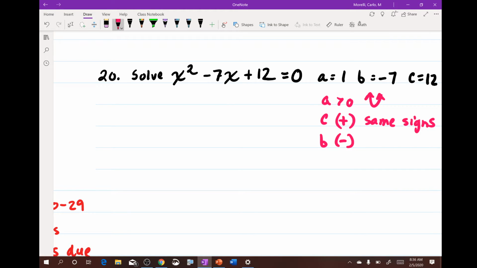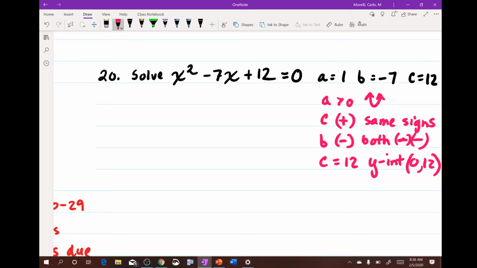So because C is positive and indicates that both signs will be the same, B tells us what those signs will be, so we'll say both negative. Okay? So you're setting up your quadratic factors, you know what you're looking for. Now, C equals 12, so the y-intercept is at (0, 12). Just something that you need to always be aware of.